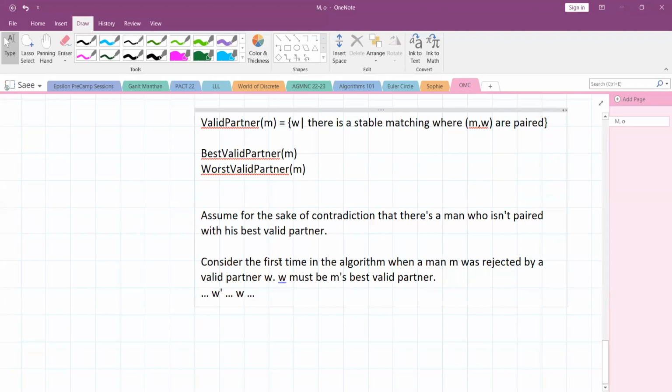But W prime must have rejected M, which contradicts this. Then the first instance would have been M and W prime, right? It wouldn't have been M and W. So this means that W has to be M's best valid partner. Does that make sense? This is just the start of the proof. Yes. Okay, awesome. Thanks.